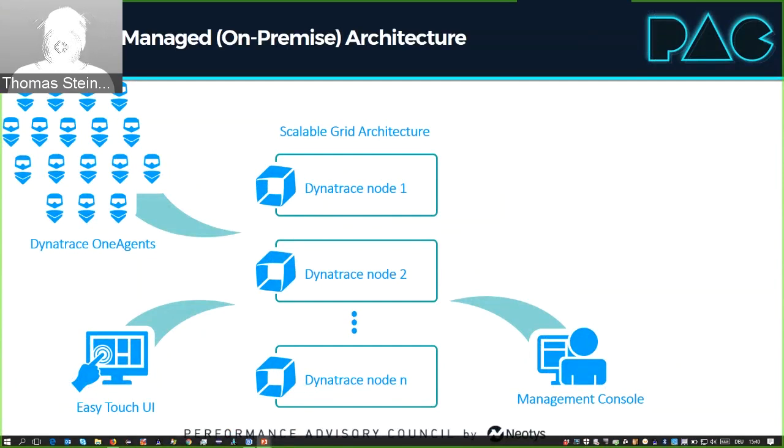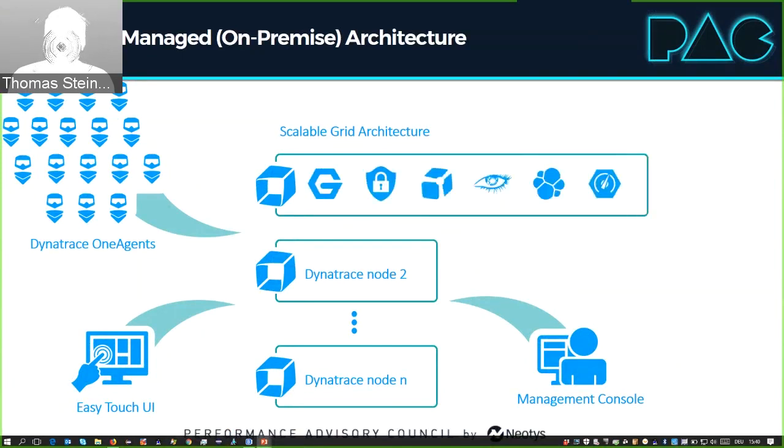Looking at what a single node contains: Nginx, a Java process we call security gateway, our own server process receiving and processing transactional data, PurePath data, and so on. And we have Cassandra as a database backend, and Elasticsearch. So a few components are involved here per node.